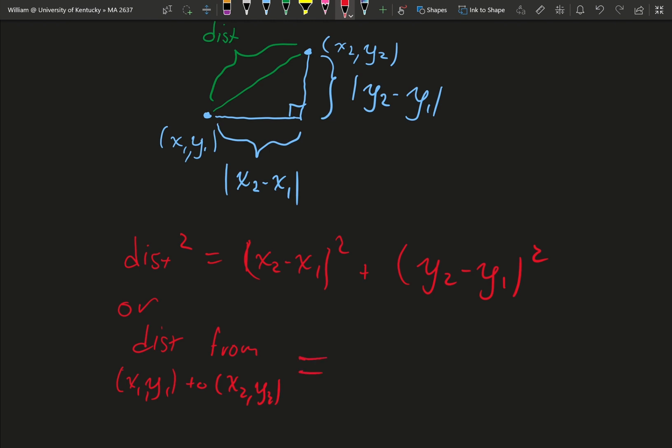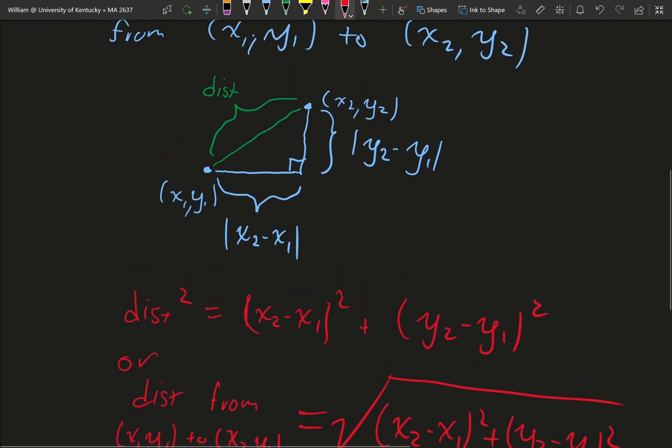If I solve for distance, I get the square root of the quantity x2 minus x1 squared plus y2 minus y1 squared. Okay. So we got the distance formula. Do remember how it works. It's the Pythagorean theorem. That's what we're doing there.